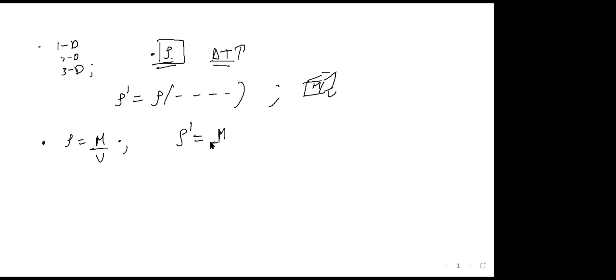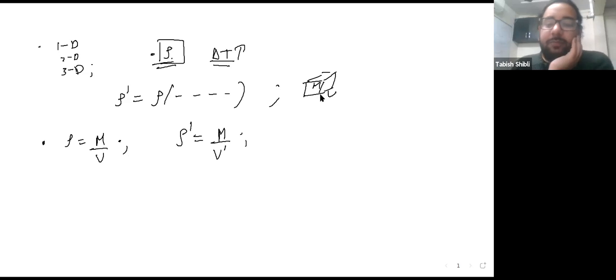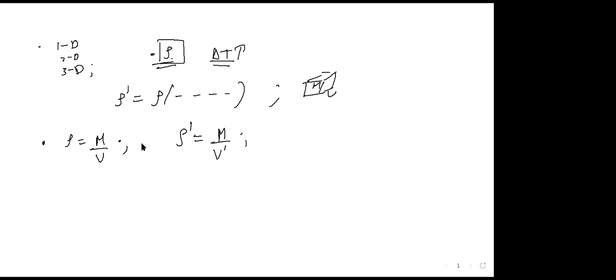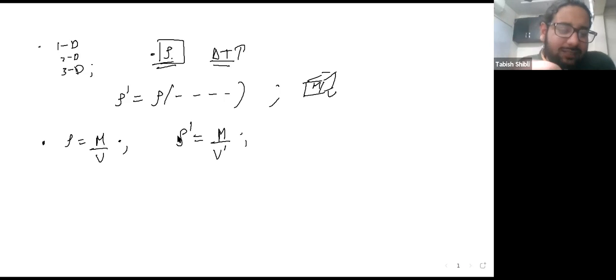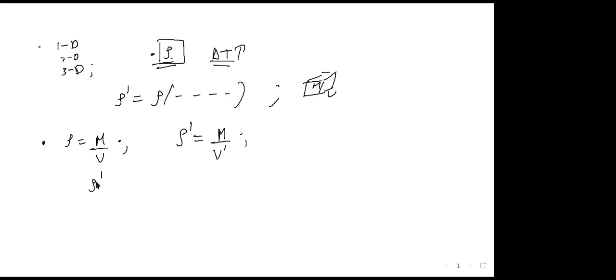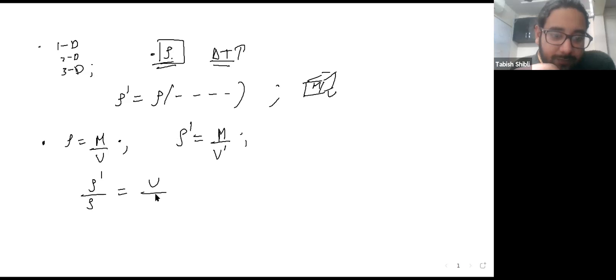M by v dash, because mass is the same, same amount of matter है, लेकिन बस वो expand कर गया है, right? So now we put v dash in the formula. We can just divide the two equations, right? You have rho dash by rho is equal to v by v dash.